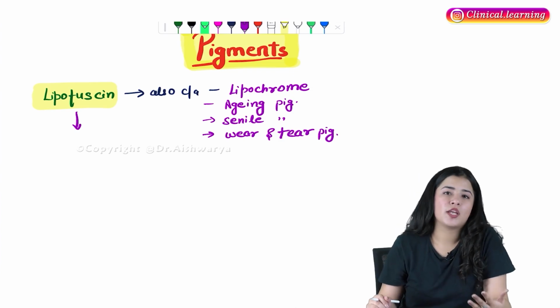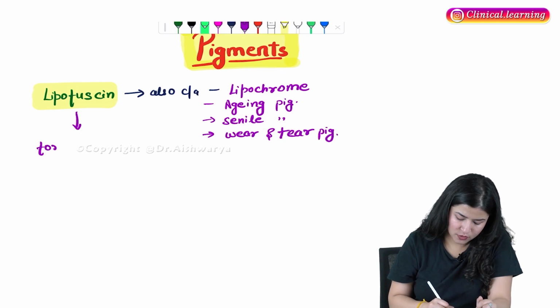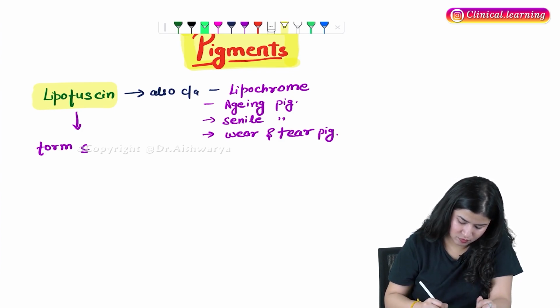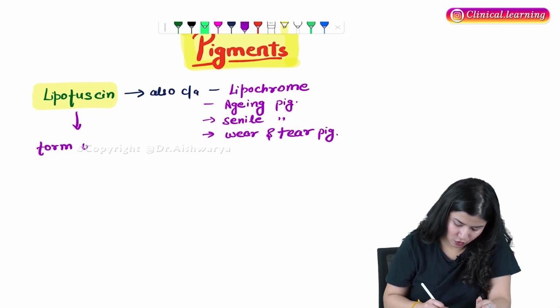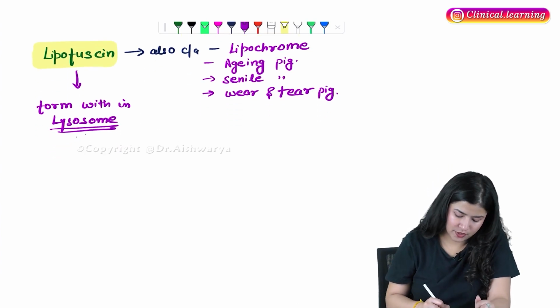Now students, how is lipofuscin formed? Just see, it is generally formed within lysosome, and in lysosomes two things are present. What are those things?